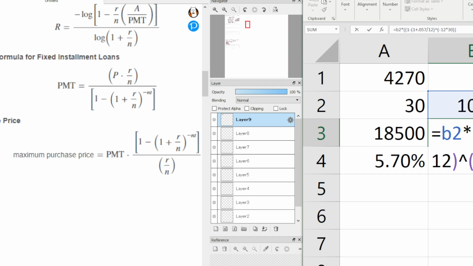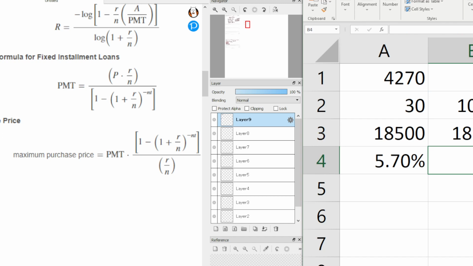Then we'll do divided by, open a new parentheses, 0.057, divided by n, which is 12, and then close that. It looks like that should cover all of our brackets. Now it's probably still going to say we have some changes. Oh, no, nice. So now we have the amount that we could take out for our loan.